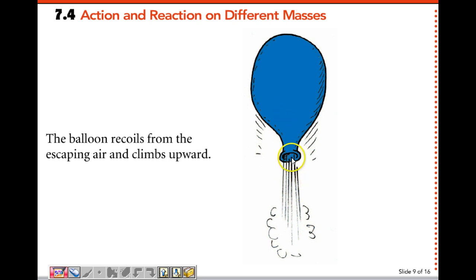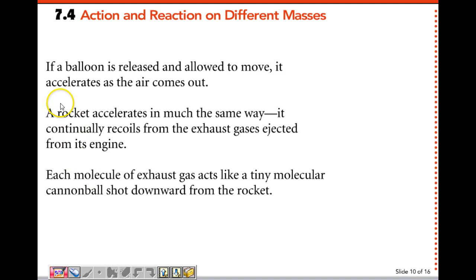The air pushes the balloon back, and that's what would shoot the balloon forward. So it accelerates as the air comes out. A rocket works in much the same way. It continually recoils, kind of like a balloon, from the exhaust gases ejected from its engine. Each little molecule of gas is like a tiny little cannonball shot out of it.